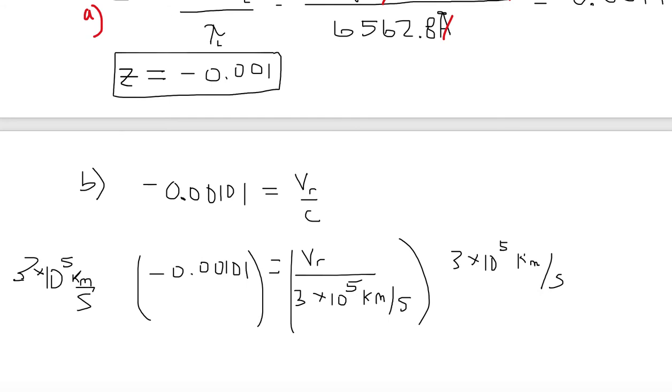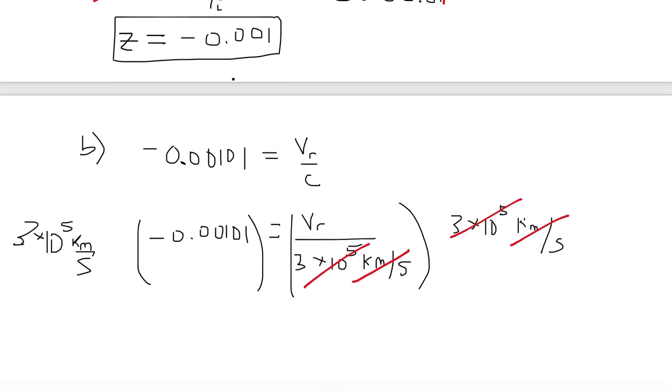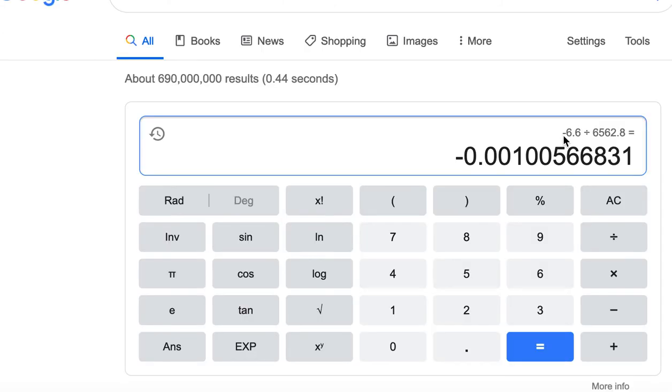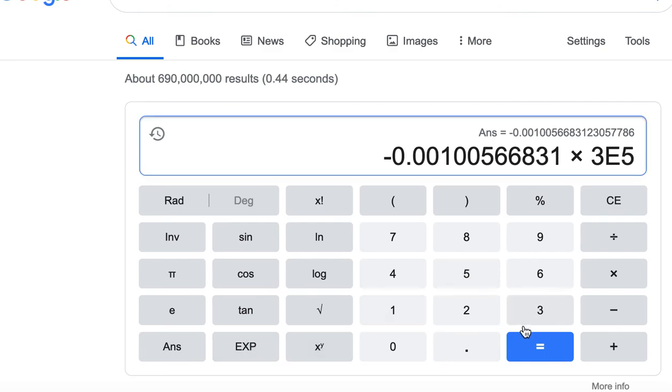So let's go ahead and cancel out units. We've got a kilometer per second here, kilometer per second on the right-hand side. 3 times 10 to the 5th cancels with 3 times 10 to the 5th. And we are just left with a V radial on the right-hand side. And that's going to equal 3 times 10 to the 5th multiplied by our Z value. So we go back to our equation. We already have our Z value entered into there. So now we hit multiply 3e5.